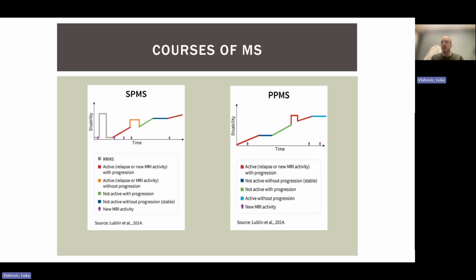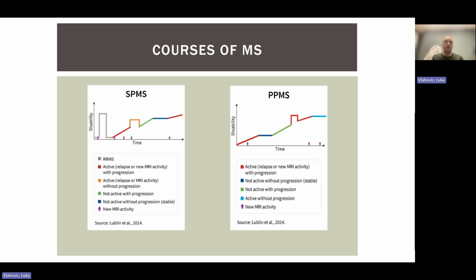A certain number of people who have relapsing remitting multiple sclerosis will convert to this type. As you can see here, especially in the second part of the slide, the distinct relapses become much less prominent or absent altogether, but rather there is gradual worsening of baseline symptoms. And then primary progressive MS occurs in the remaining 10 to 15% of people.